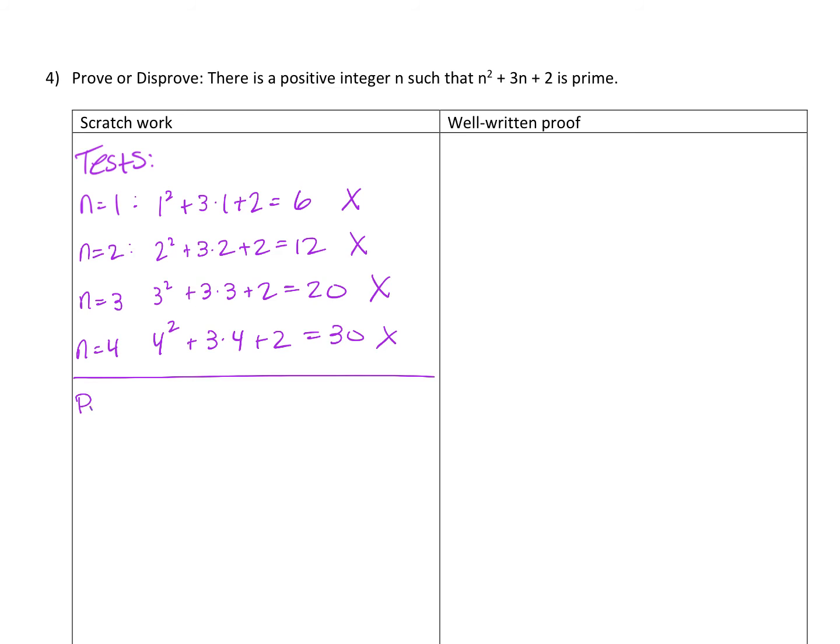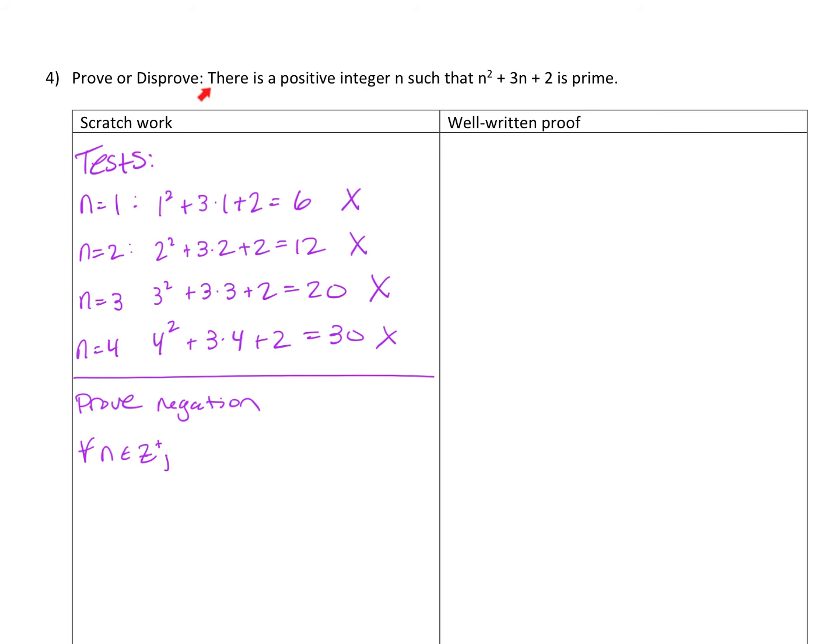So we need to prove the negation of this. To negate this, "there is a positive integer" becomes "for all positive integers." For all n in the positive integers, n squared plus 3n plus 2 is not prime.